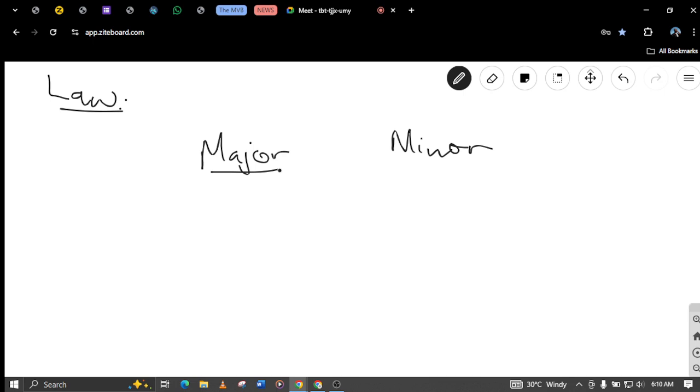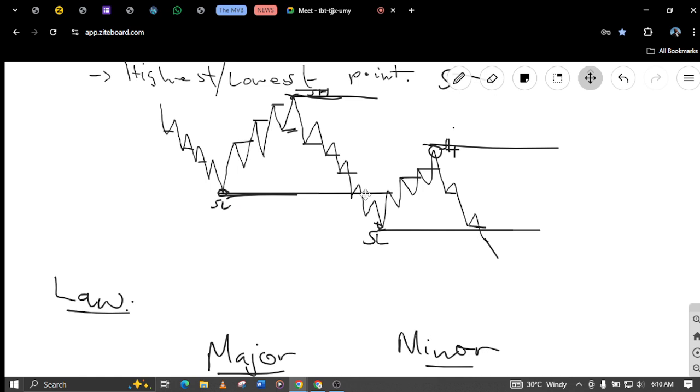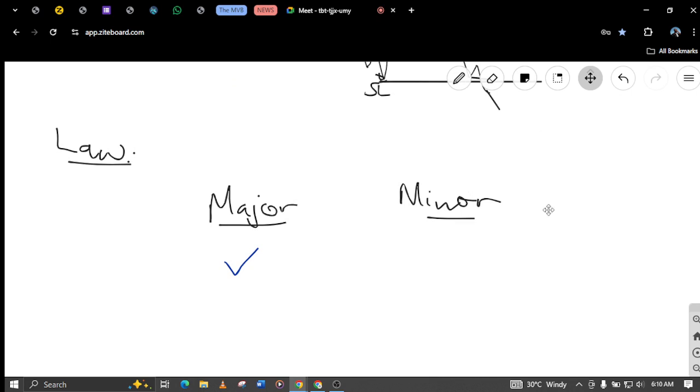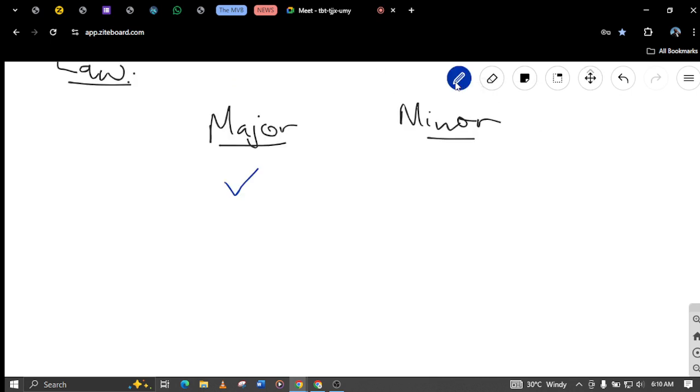So the thing is, when we have a major break like this, this is the major break of structure. When we have a major break like that, we're not allowed to consider only the minor structures. Why?